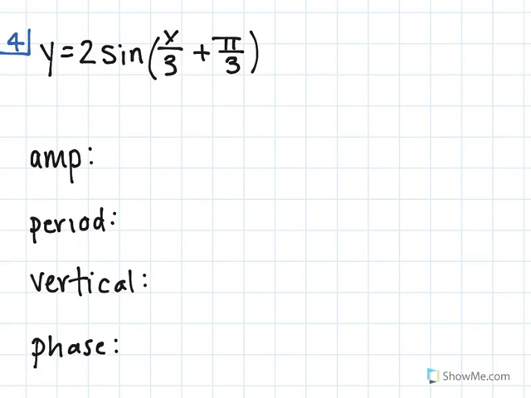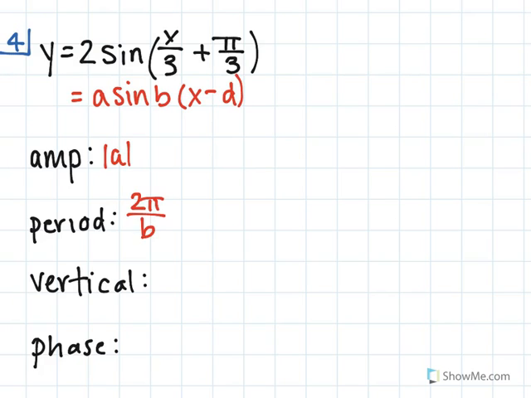In this problem, we're given the function y equals 2 sine of x over 3 plus pi over 3, and we're asked to describe the amplitude, period, vertical translation, and phase shift, if the graph has any of those. Again, remember, if we have something in the form a sine of b x minus d, then our amplitude is a, our period is 2 pi over b, and our phase shift is d.